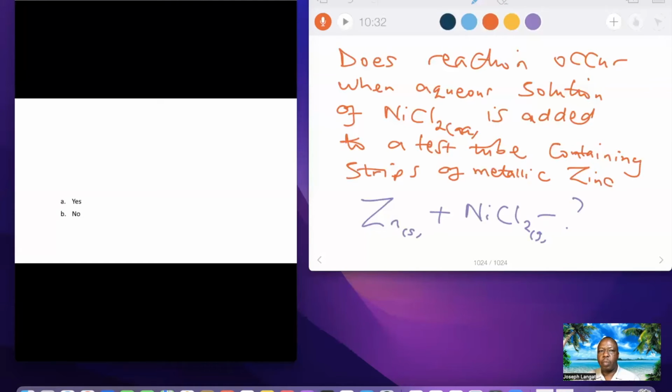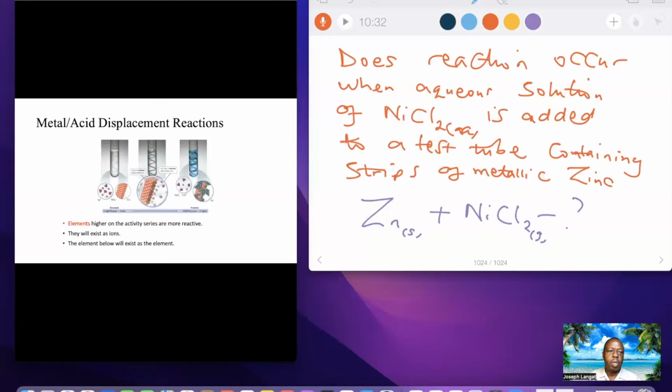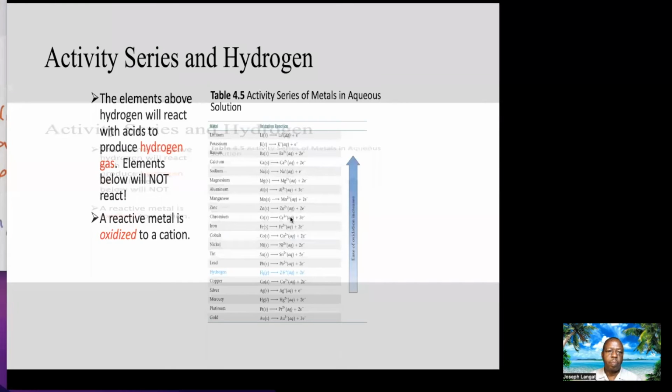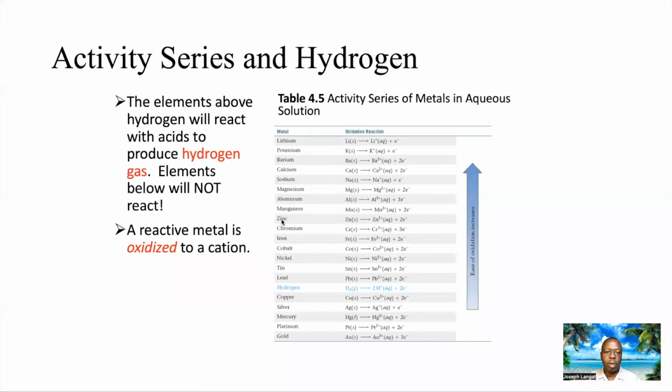Of course, I don't expect you to memorize the activity series, all right? With this before you in the exam, in the quiz, you have to look at the position of zinc with respect to nickel. Zinc is above nickel, which means it's more powerful. It will replace, zinc will replace nickel.